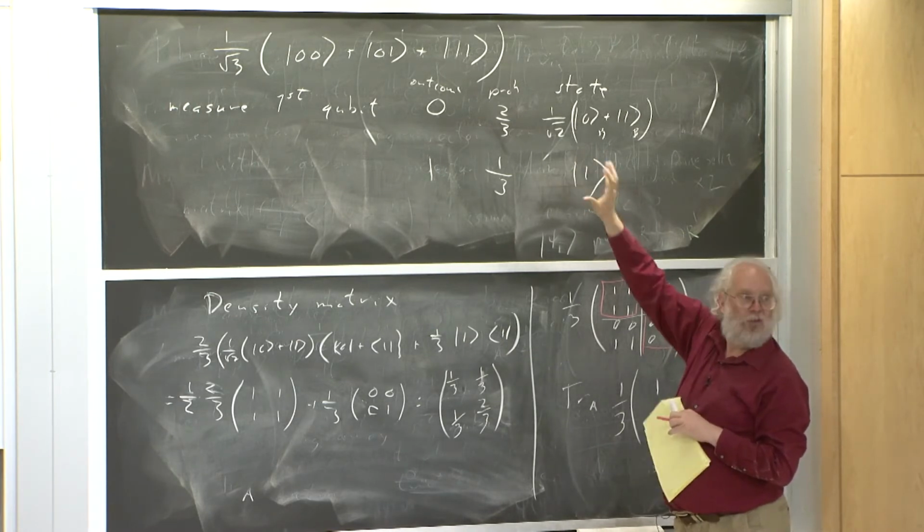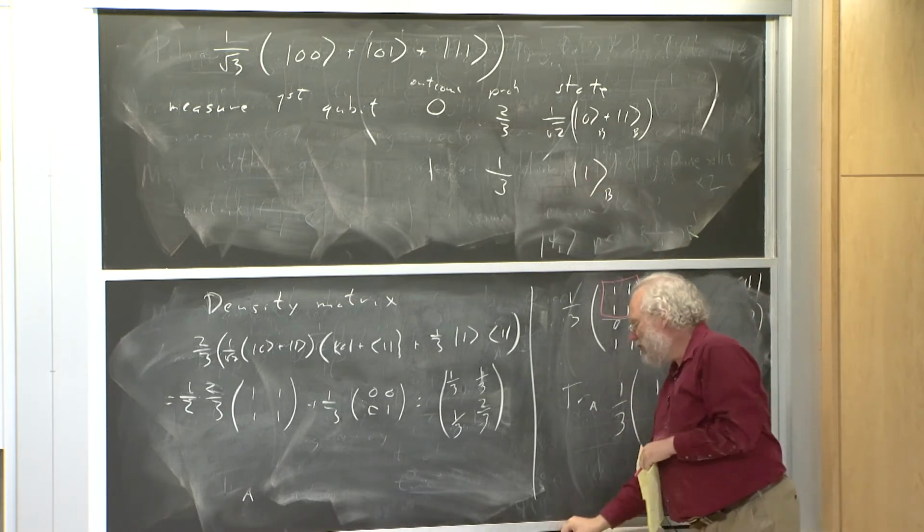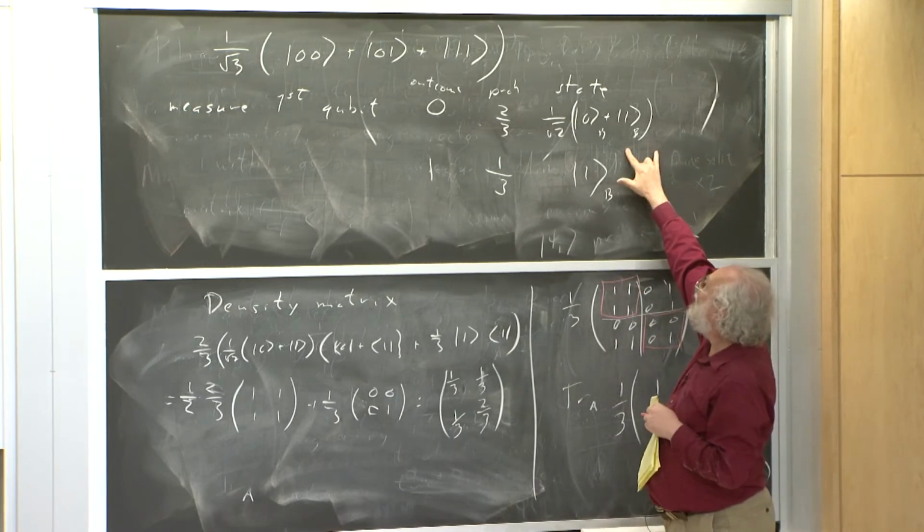So you have a pure state of a joint system. You measure one of the systems, and this gives you a probability distribution on the states of the other system.